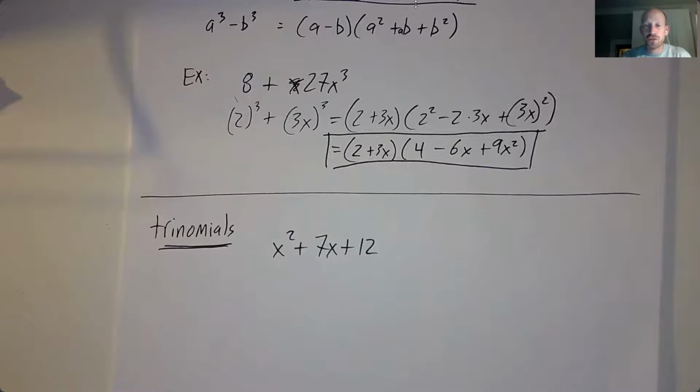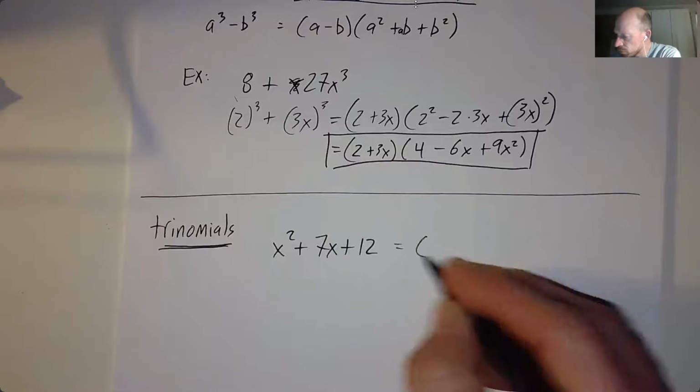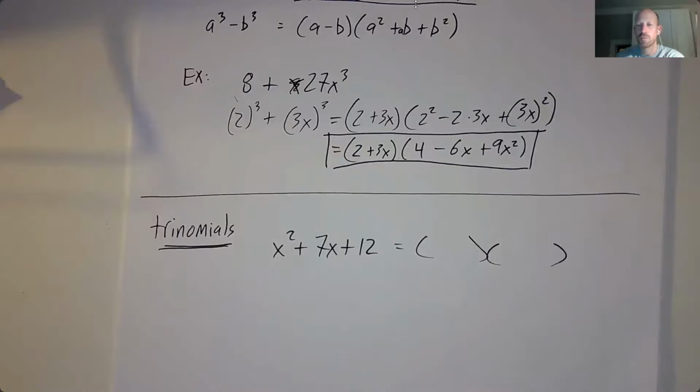So this would be a typical trinomial. You can see, right, that there's three terms there: the x squared term, the x term, and the constant term. And our goal is to try and factor this. It turns out that this trinomial, if it factors, is going to factor as two binomials that are multiplied together.